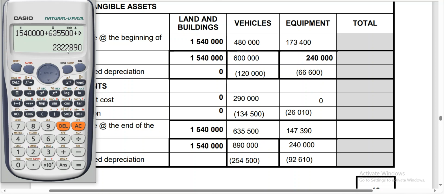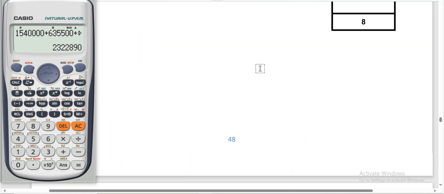So it's giving us 2,322,890, but I'm going to verify: 1,540,000 plus 635,500, and then plus 147,390. It is giving us 2,322,890. So we are going to put it on the face of the balance sheet.